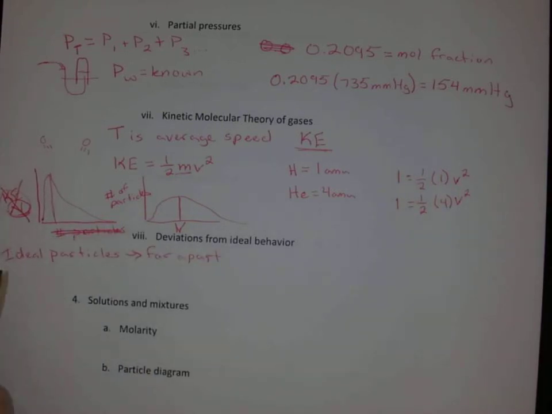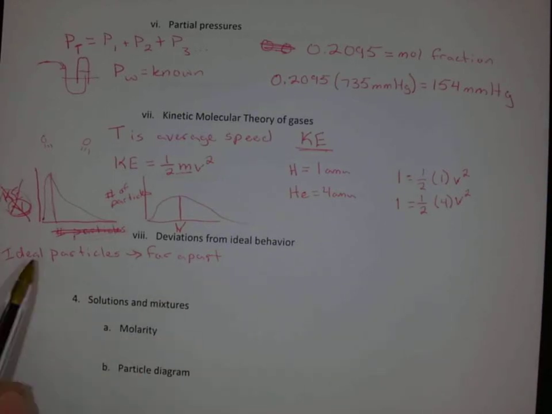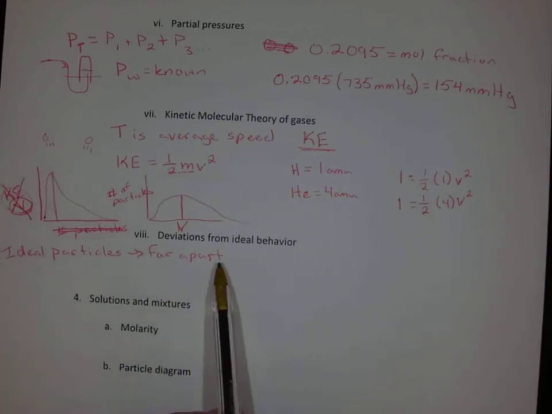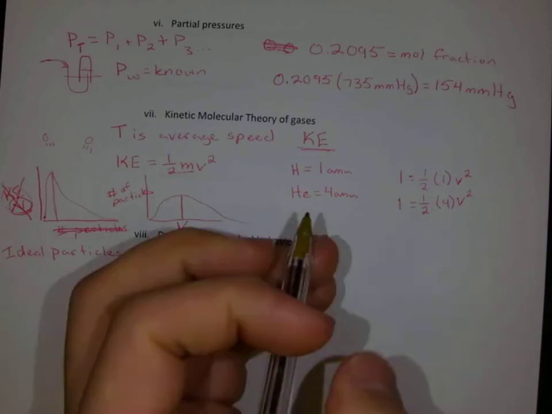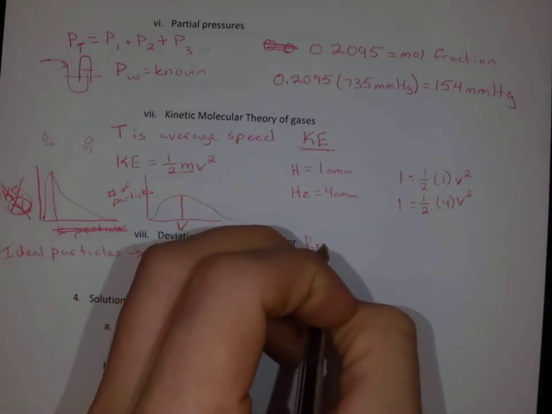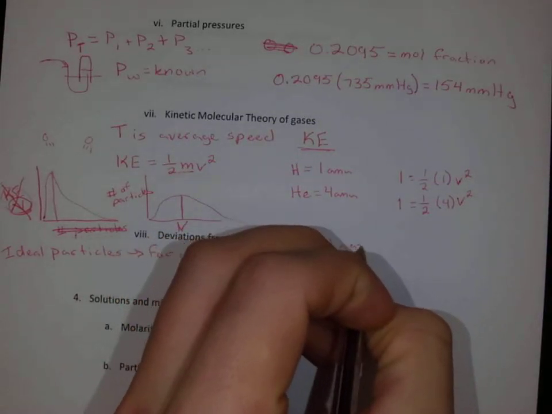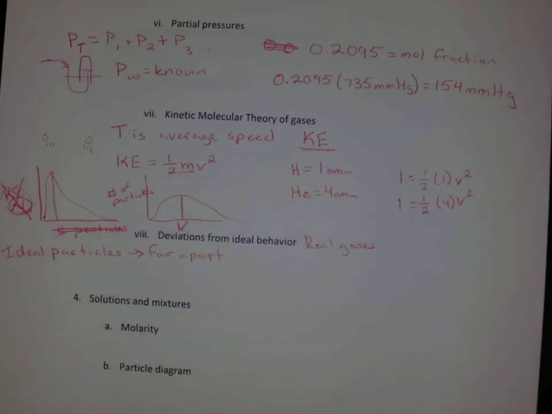Our ideal particles are far apart, so they are not being affected by each other, essentially. We have deviations from ideal behavior, or we have real gases, when we basically bring the particles really close together, and the differences in them start to matter.